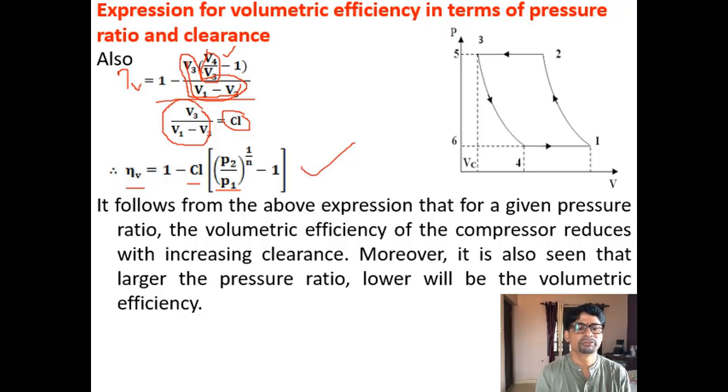So it follows from the above expression that for a given pressure ratio, the volumetric efficiency of the compressor reduces with increasing clearance. Moreover, it is also seen that the larger the pressure ratio, the lower will be the volumetric efficiency.